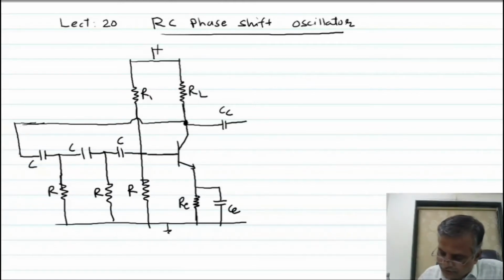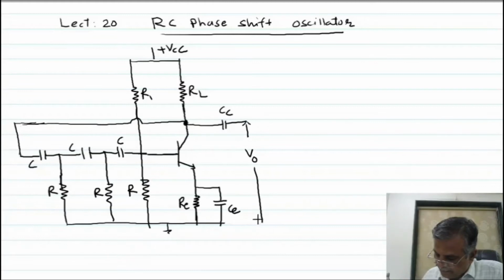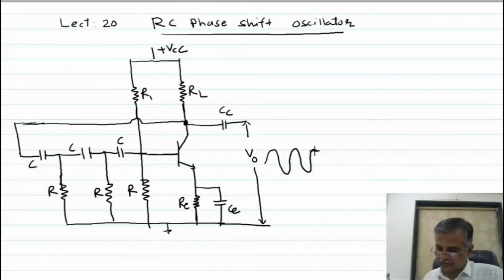This is your supply voltage VCC. You will get here VO, sustained oscillation, like this. Now let us discuss the circuit.